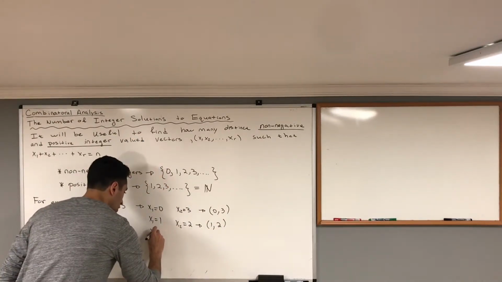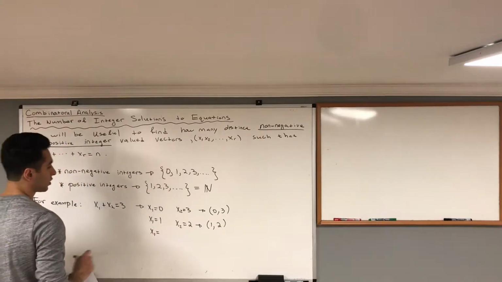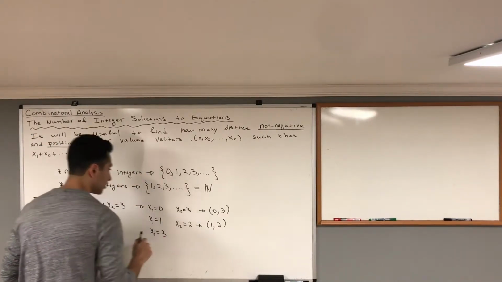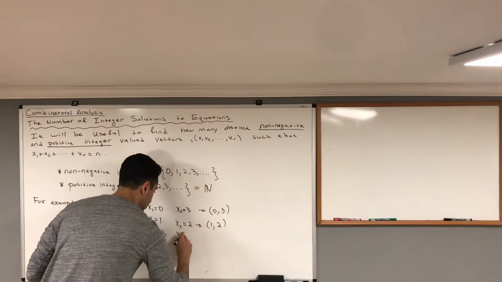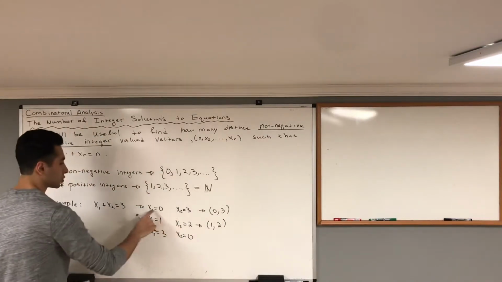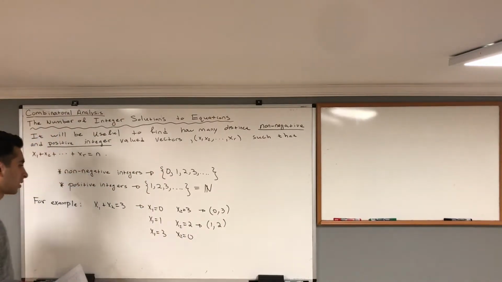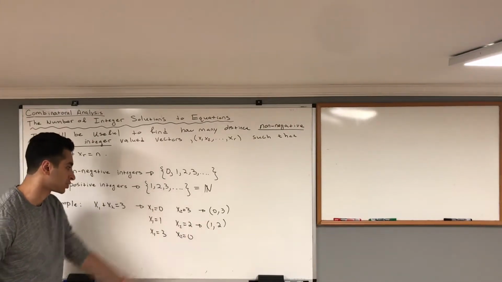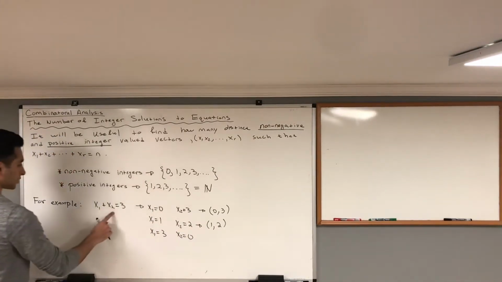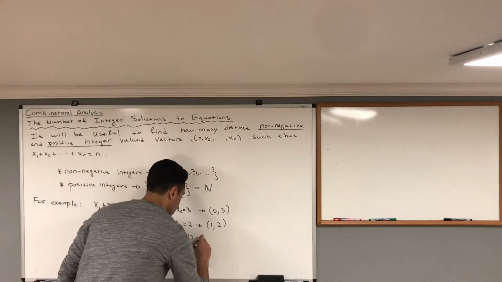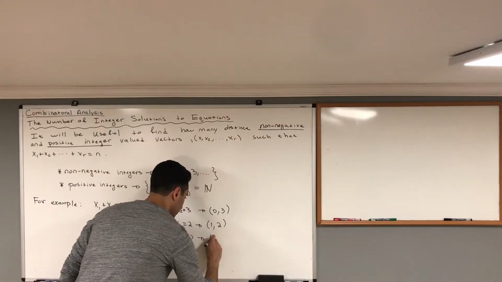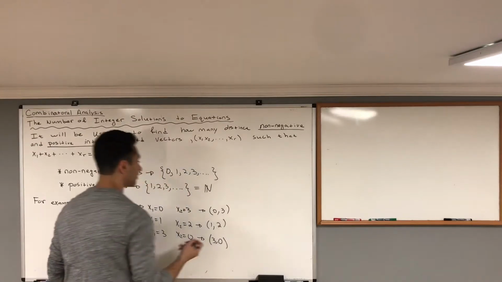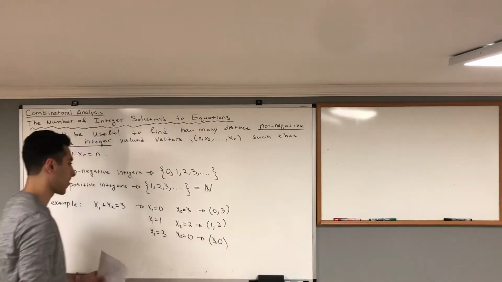I still could keep going. Let's see. What if x1 could be 3, and then x2 could be 0, right? So I just switch these. And notice this is different from that because my x1 changed and my x2 changed. And 3 plus 0 gives you 3. So this is my other vector, 3, 0, a non-negative vector because I have a 0.